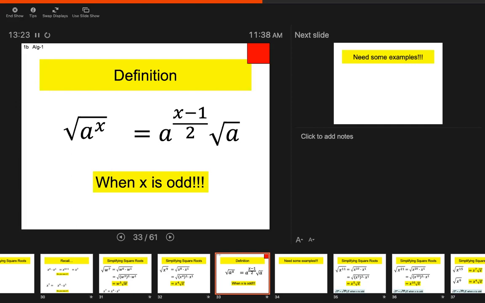Like I said, this looks way more complicated than it is. Half the time, in high school and college math, it looks complicated and then it's explained to you, and you're like, okay, that's not that complicated, but it looks complicated to write. So when x is odd, subtract 1, take half, that goes on the outside. And then what goes on the inside is just the variable all by itself, no powers.